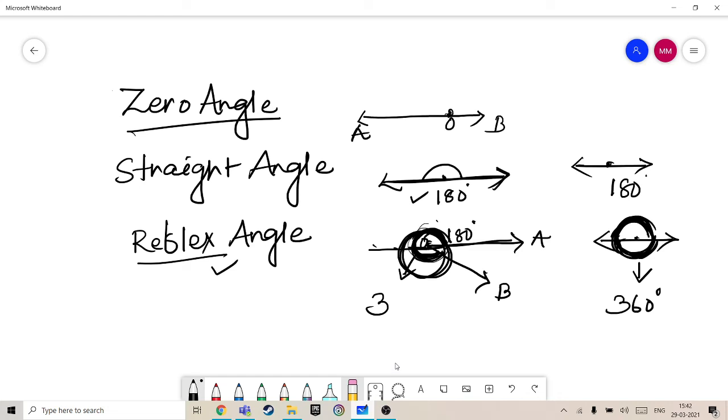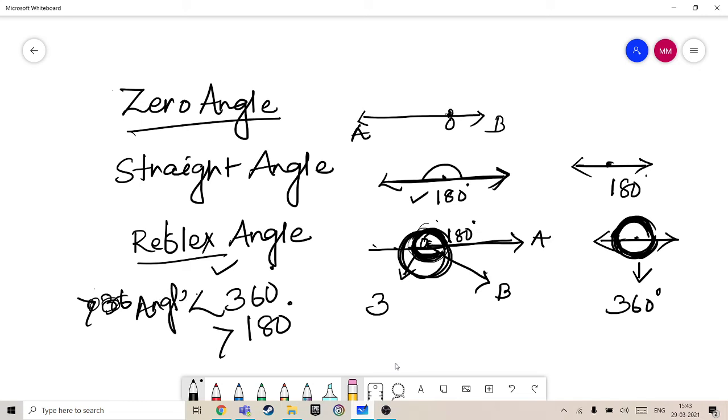But here reflex angle is more than 180 degree and less than 360 degree. If the angle is less than 360 degree and more than 180 degree, then that angle is called reflex angle.